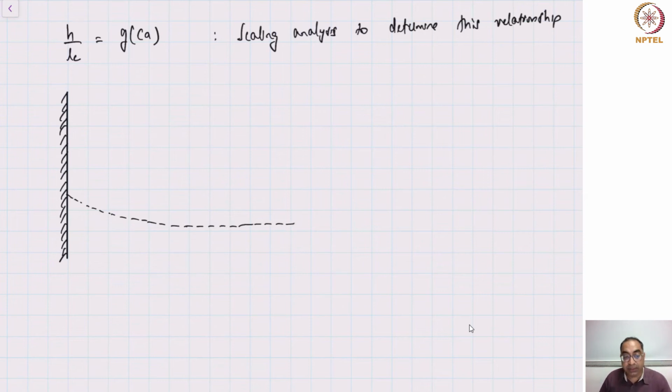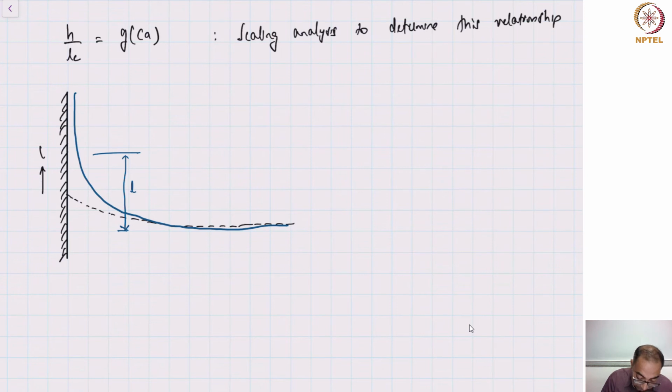And then on top of the static meniscus, I now have a dynamic meniscus, whose length is L here, and the plate moves with speed U. The dynamic meniscus is like the static meniscus, but it is also affected by viscous forces.